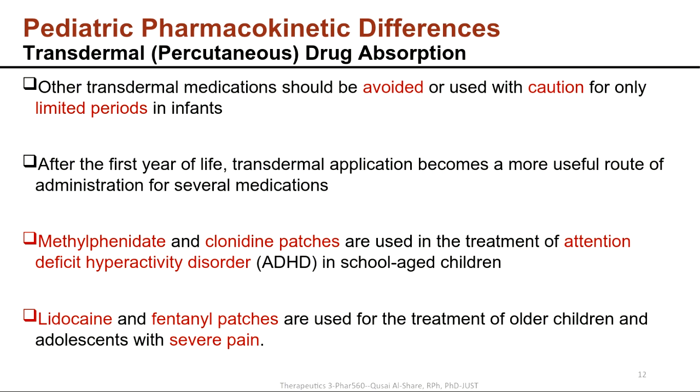Examples for a little bit older children, more than 1 year, are methylphenidate and clonidine patches. These are transdermal therapeutic systems. They use them in the treatment of attention deficit hyperactivity disorder or ADHD in school-age children, 6, 7, 8 years, etc. Another example is the use of lidocaine and fentanyl patches.